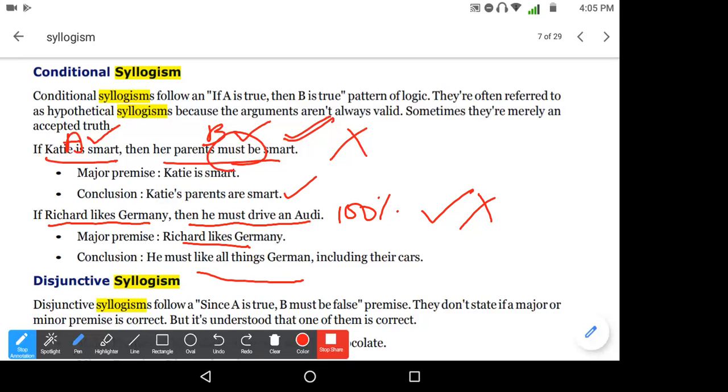Okay. So this is conditional syllogism. There is a condition. If one part of the sentence is true, the other part will also be true, is the notion that they have. So understand conditional syllogism. If A is true, B is true. Okay. So this is conditional.